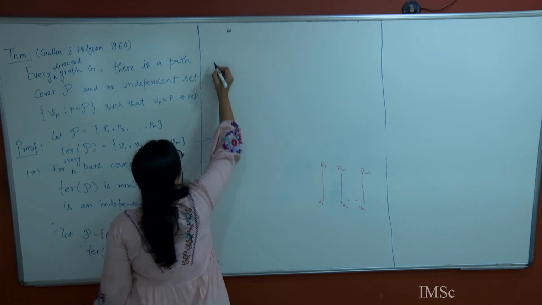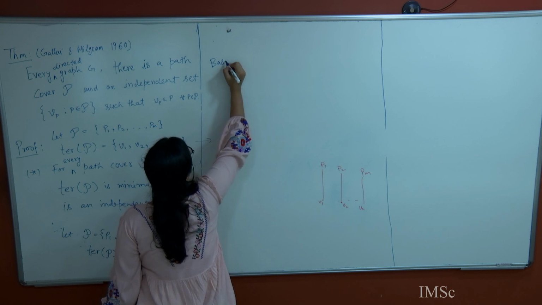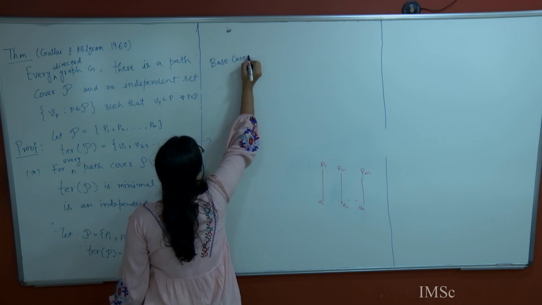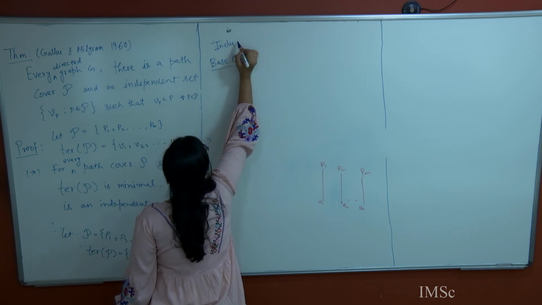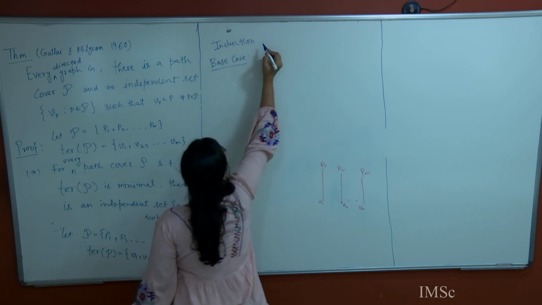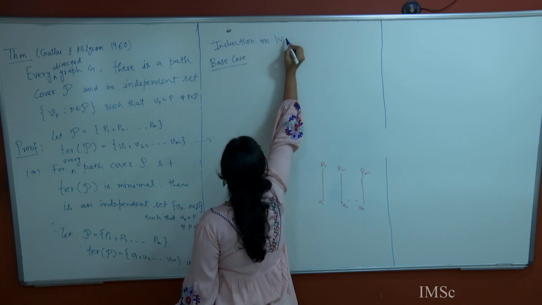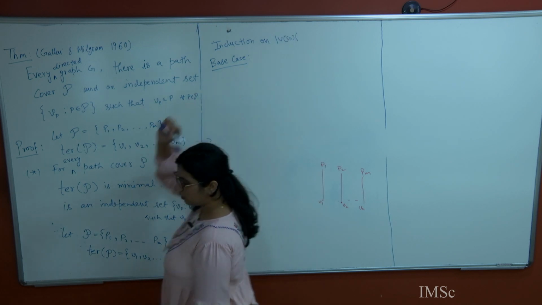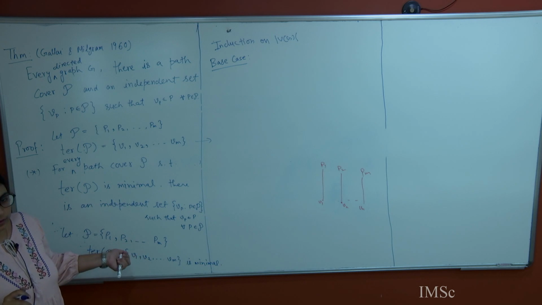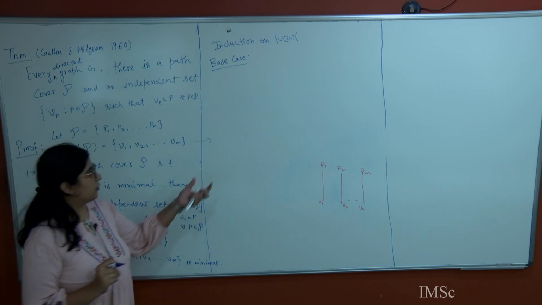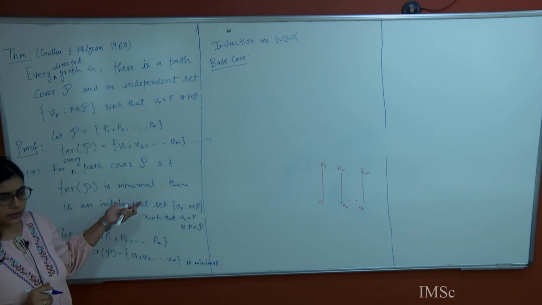So what is the base case? What will be the base case here? N is equal to 1. So for 1, this holds, right?